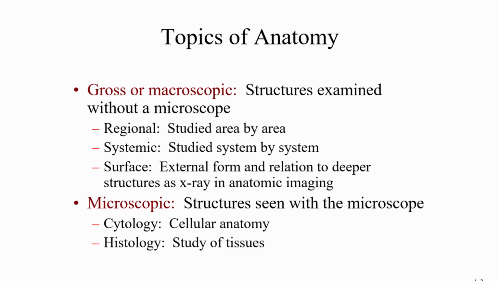Now, microscopic anatomy, these are structures seen with the microscope. We have cytology, and cytology is cellular anatomy, and there are cytologists out there and cytotechs, and they're going to look at cells, individual cells. Typically, cytotechs will look at cells to see if they look abnormal.